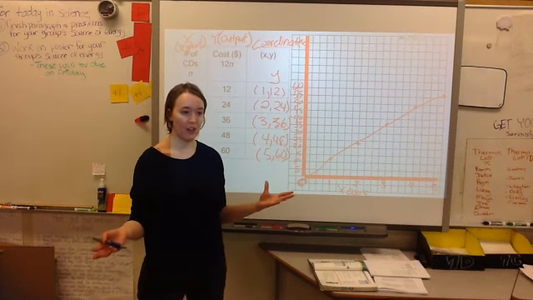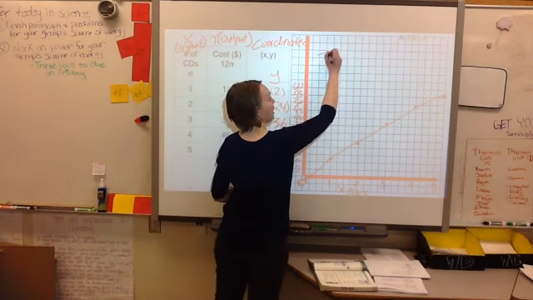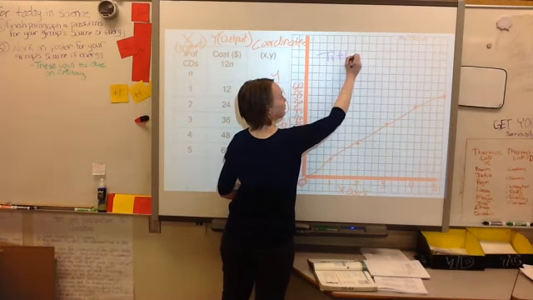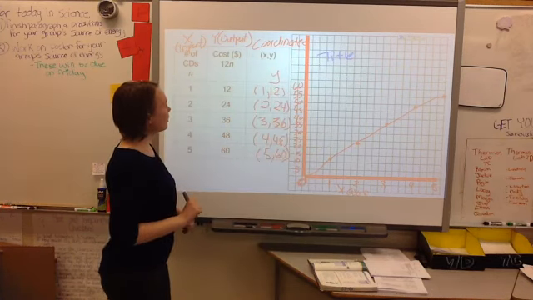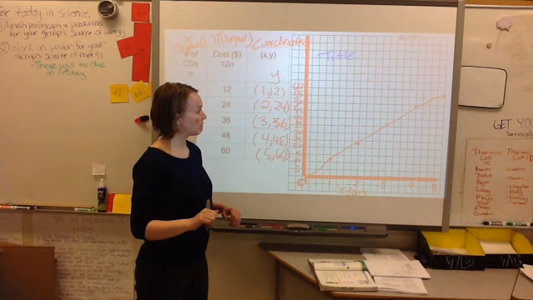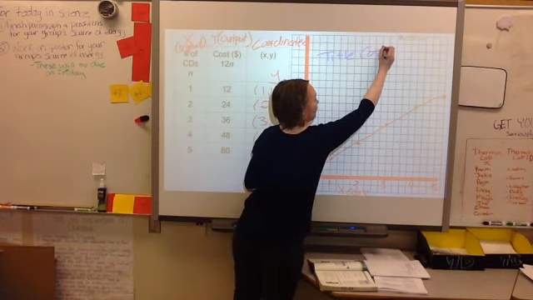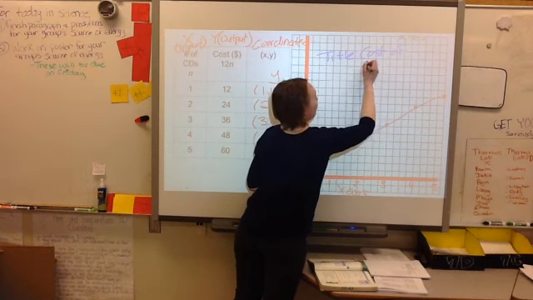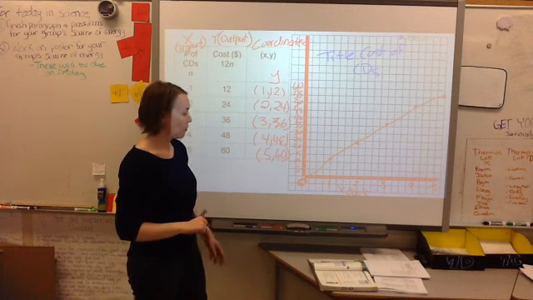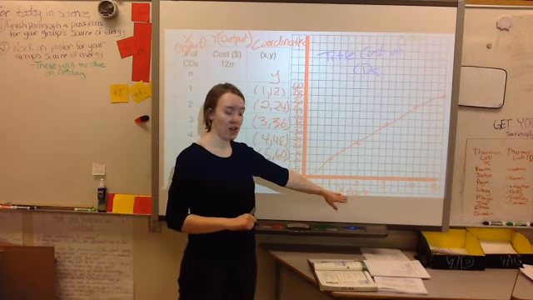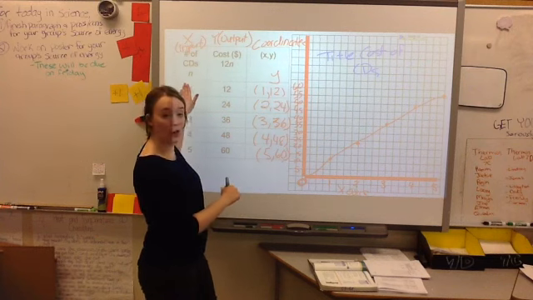Alright, so next steps from here is we have to make sure we have all the parts of the graph that are required. So we always want to make sure we have a title for our graph. This one we could title Cost of CDs. We also want to make sure that we have titles for our x-axis, so let's call this what the variable is.